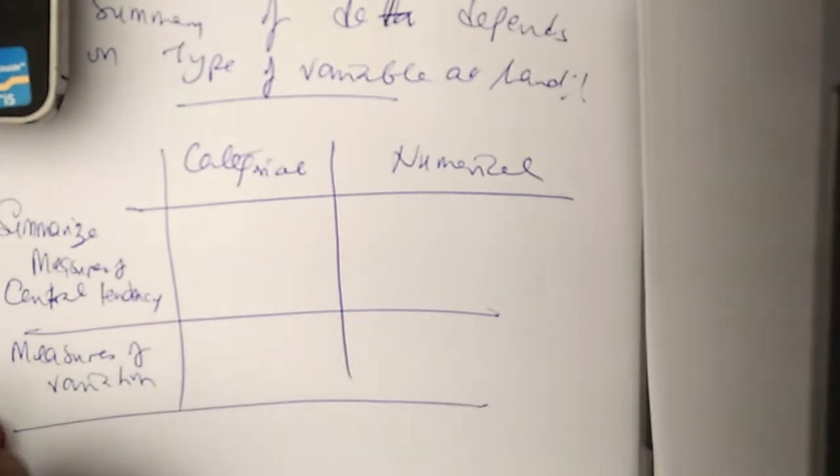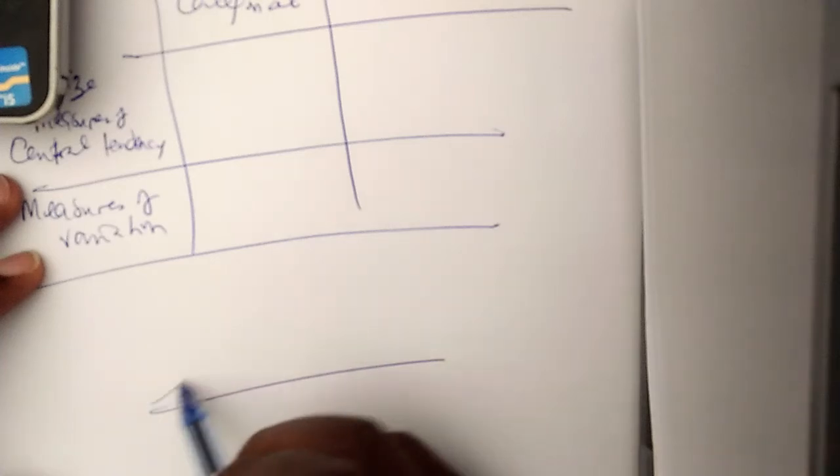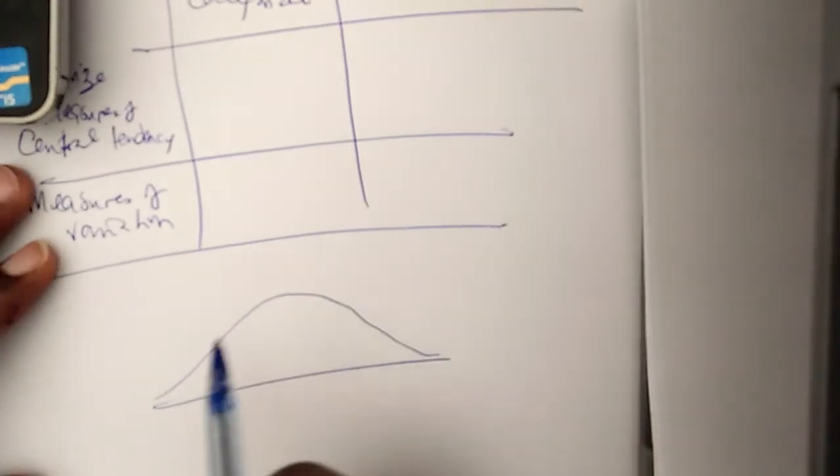Measures of central tendency, which are also called measures of averages or measures of central location, are those that tell us how individual values tend towards the mean, tend towards the center. Look at it in this perspective. This is the bell-shaped curve, and this is the center.